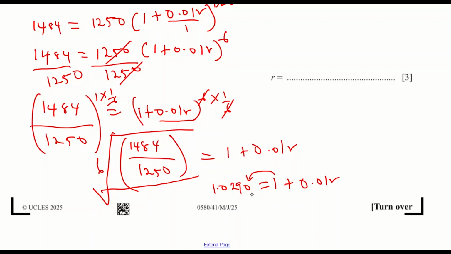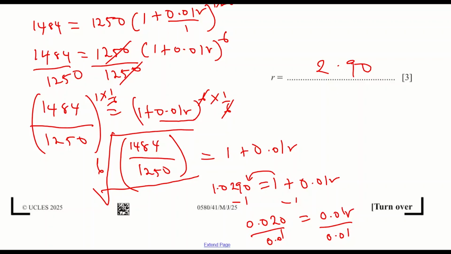That will leave me with 0.0290 equals 0.01r. If I divide both sides by 0.01, the value of r will be equal to 2.90. So that means the rate at which the compound interest is paid per year is 2.90.